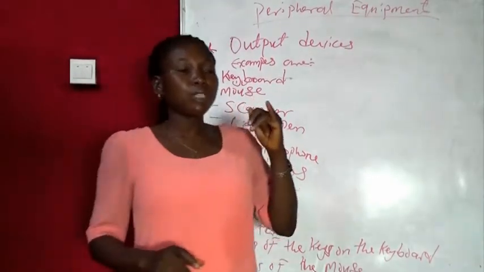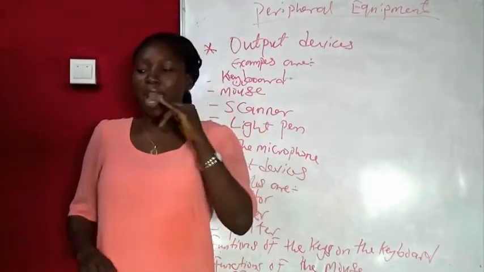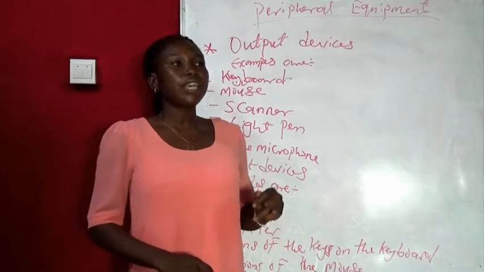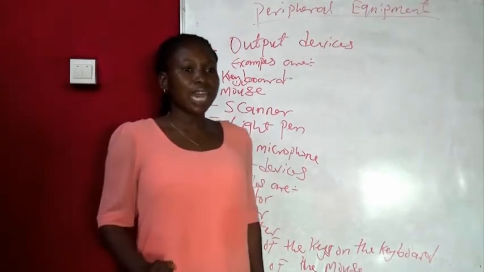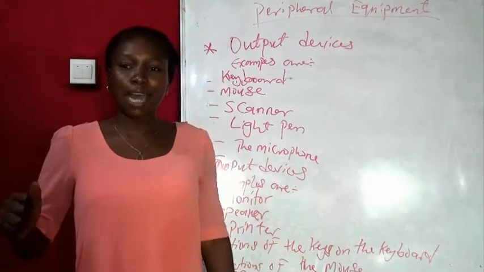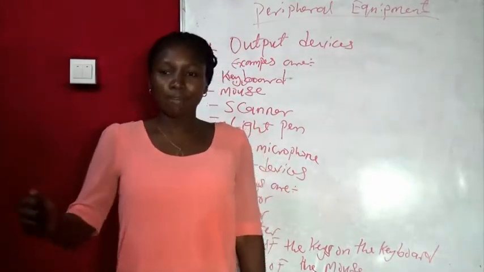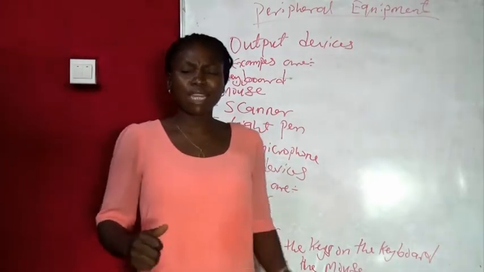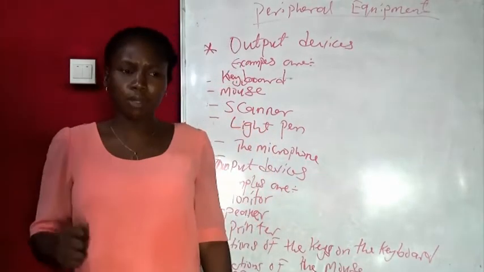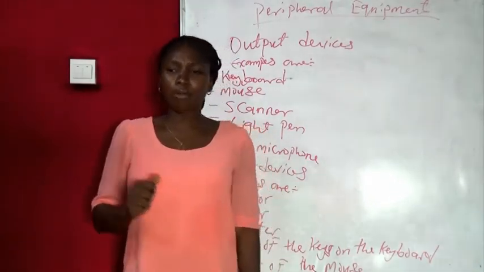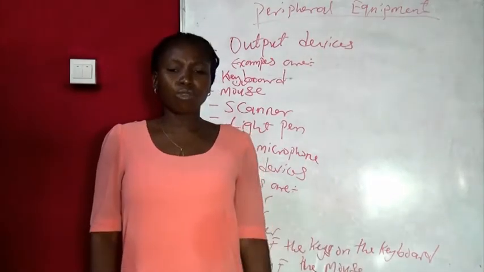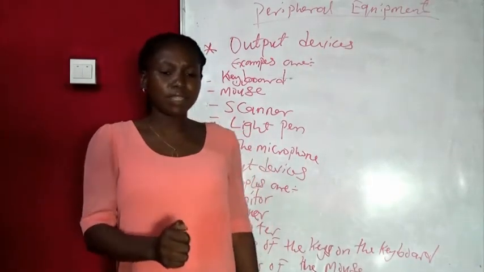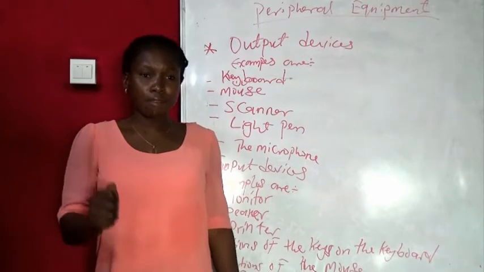Now the side of the mouse we mostly make use of is the left click. We use that to select an item, open a file, or do many functions on your computer. We have another key that we call the right click.